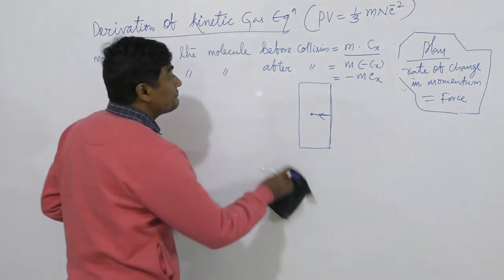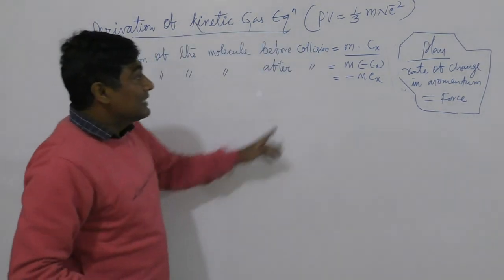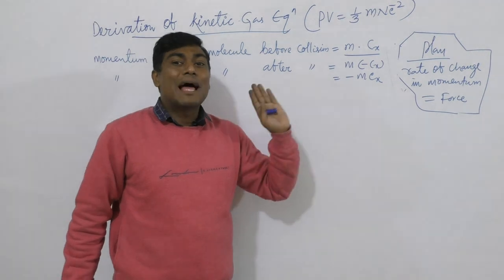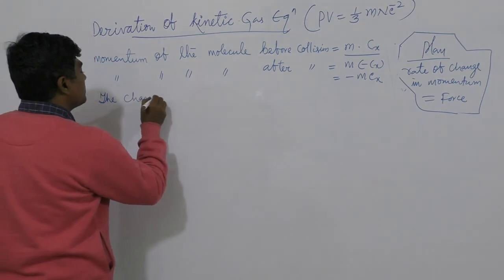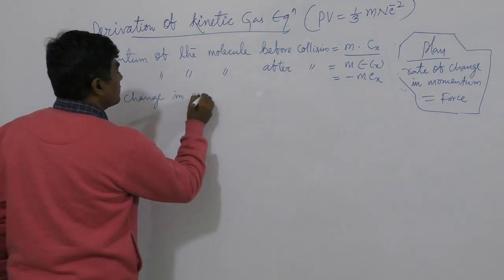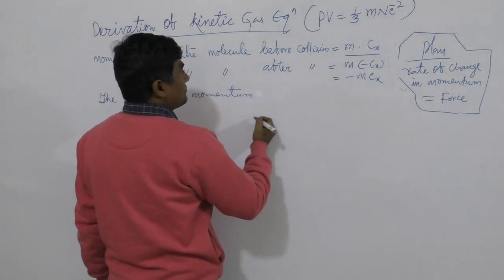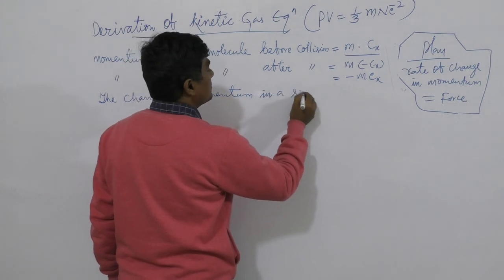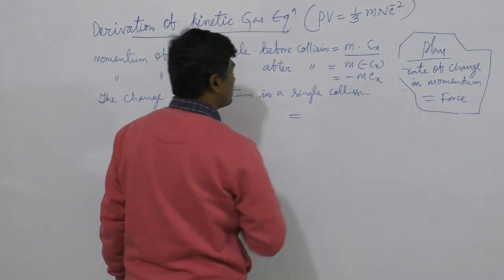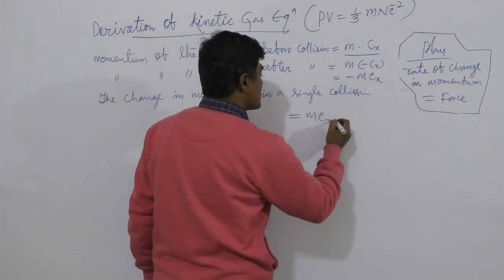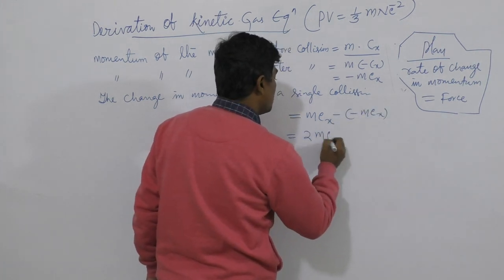Now we will calculate before collision and after collision, so we will have the change in momentum. The change in momentum in a single collision is equal to mcx minus of minus mcx, so this is 2mcx.